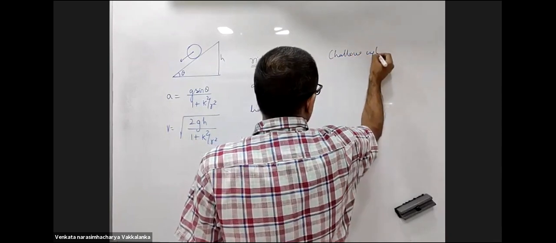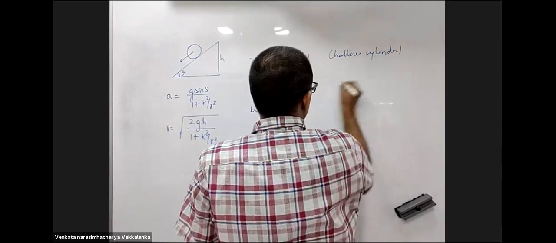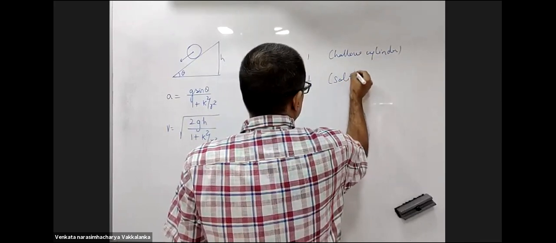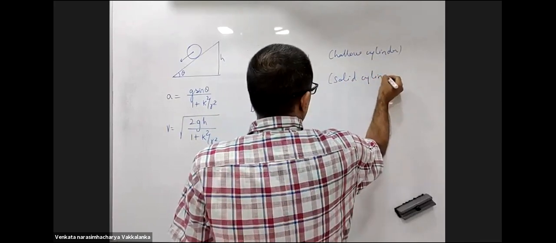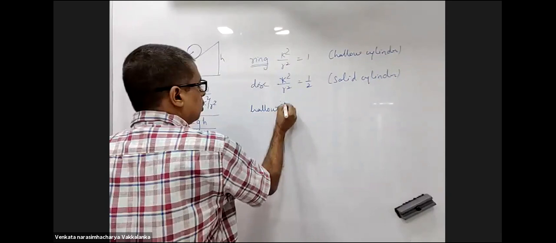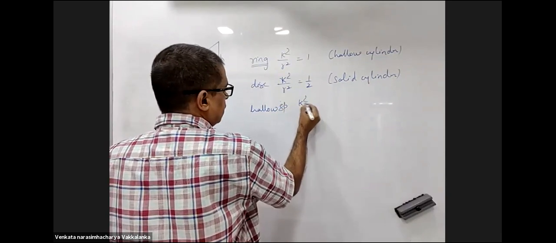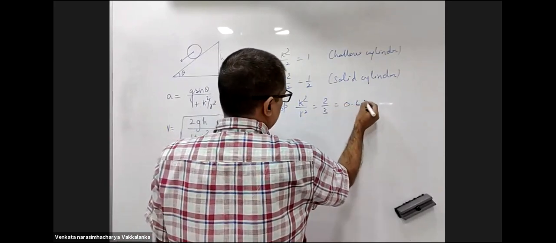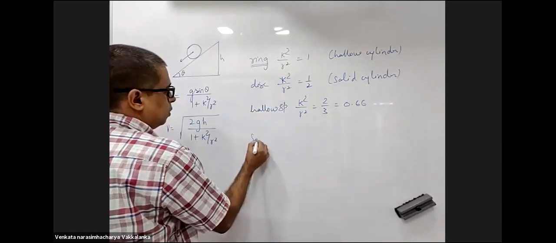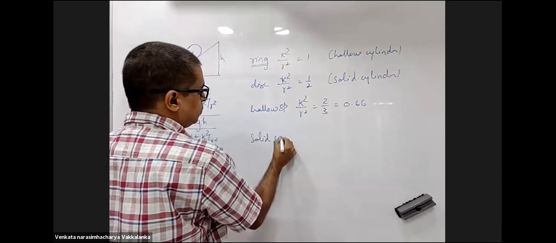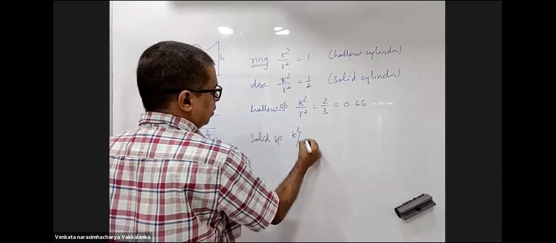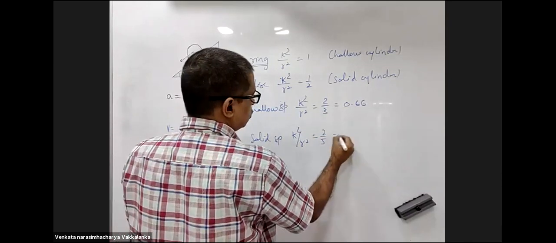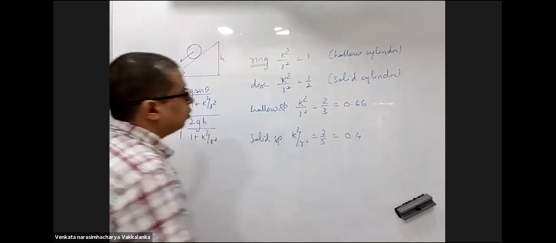Hollow cylinder, solid cylinder, hollow sphere, k squared by r squared is 2 by 3, 0.66. Solid sphere, k squared by r squared is 2 by 5, 0.4.